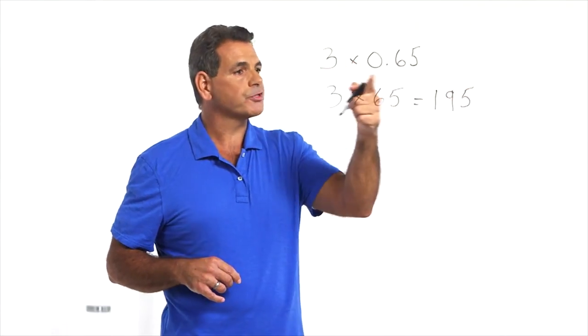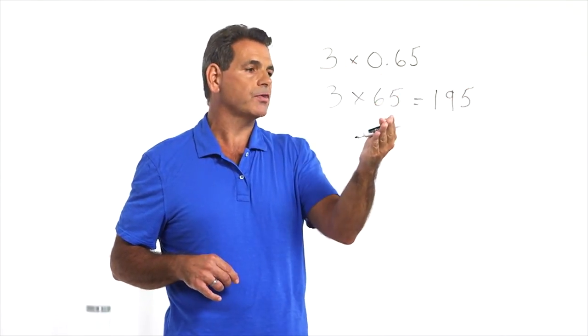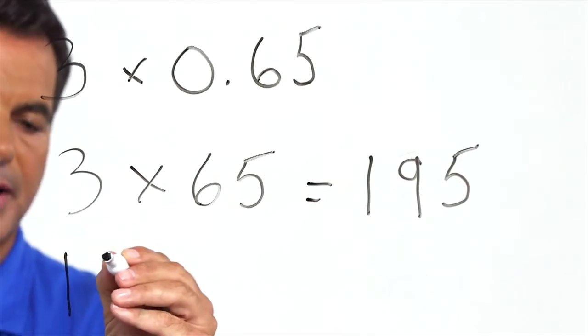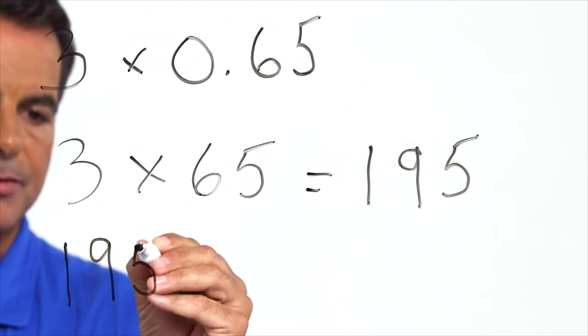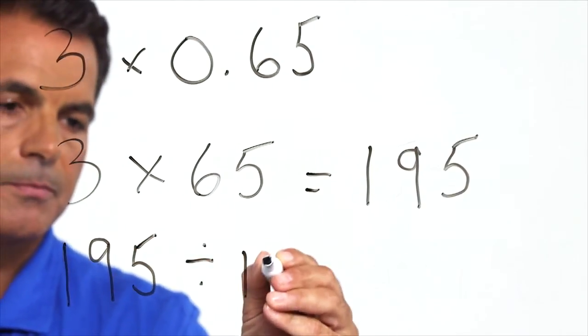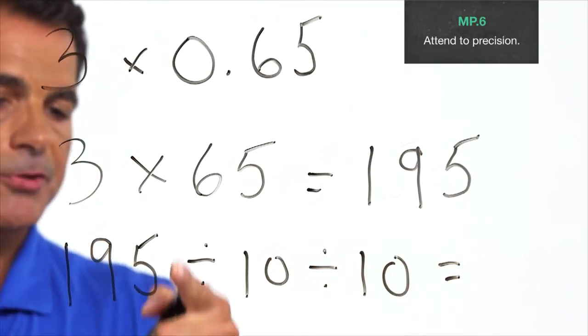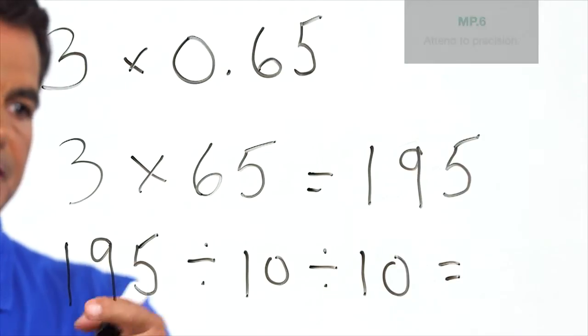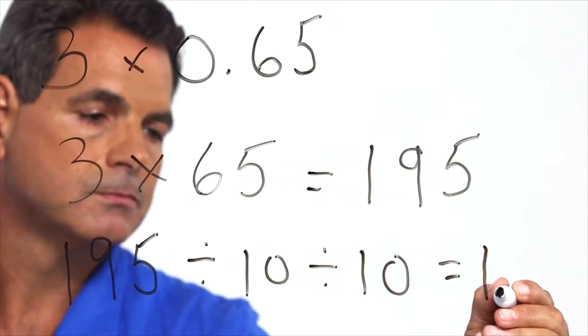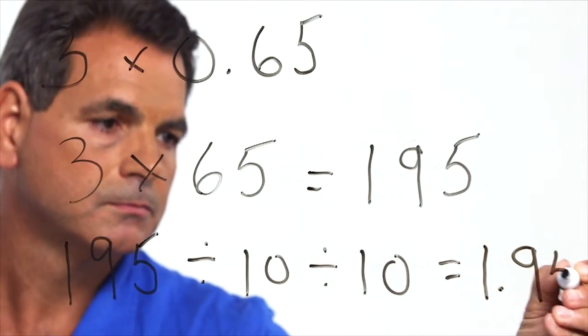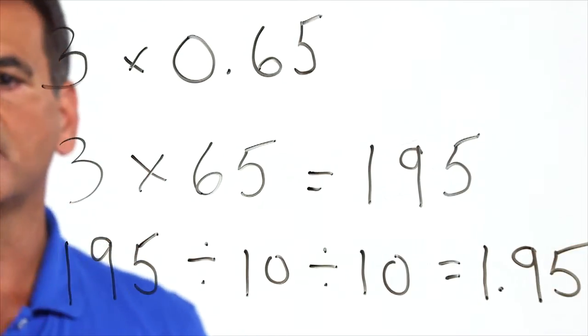But because we multiplied by 10 twice to make it a whole number, we have to now divide by 10 twice to get our answer. And that results in a move of the decimal point 2 places to the left. 1.95 is the final answer.